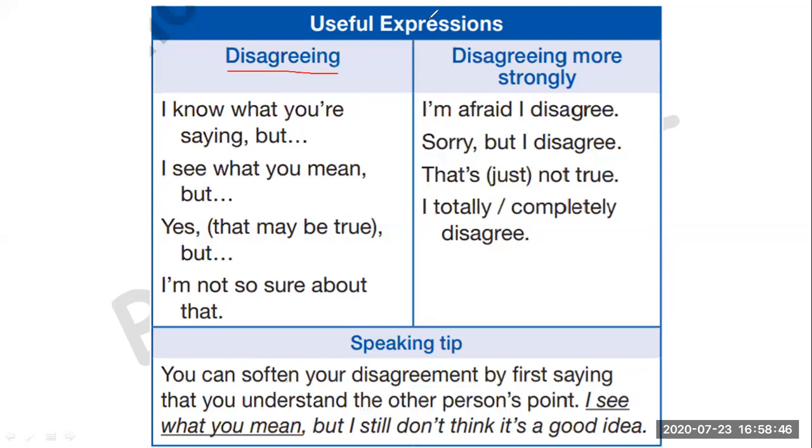I see what you mean, but that might be true, but I'm not sure about that. So you are expressing respect for the other person's opinion, but you want to say what you are thinking too. And when you say disagreeing more strongly, maybe you want to say that no, you're not right. This is my opinion, and I think I have the reason. Understand?